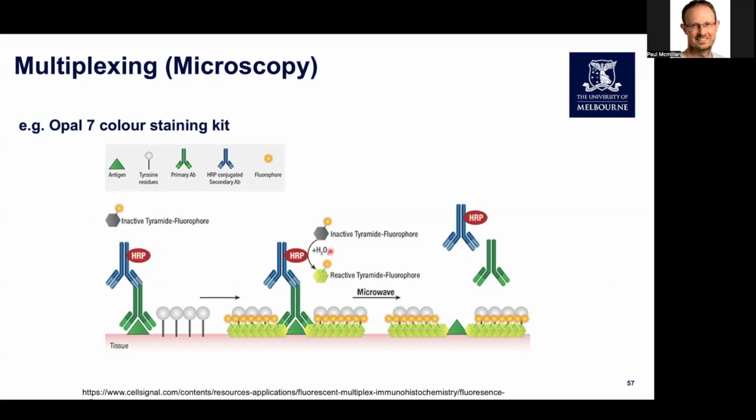This enzyme starts this reaction here to activate fluorophores, which then become covalently attached to your sample. We can heat treat the sample to remove the antibodies and then come in with a new set of antibodies. And you can do that multiple times to build up, for example, a 7-color panel.